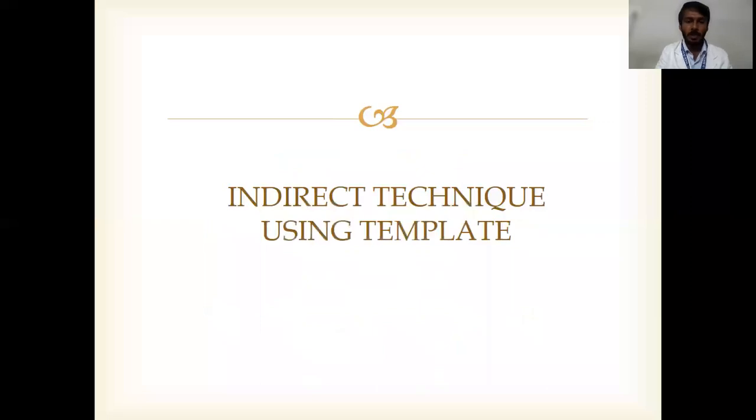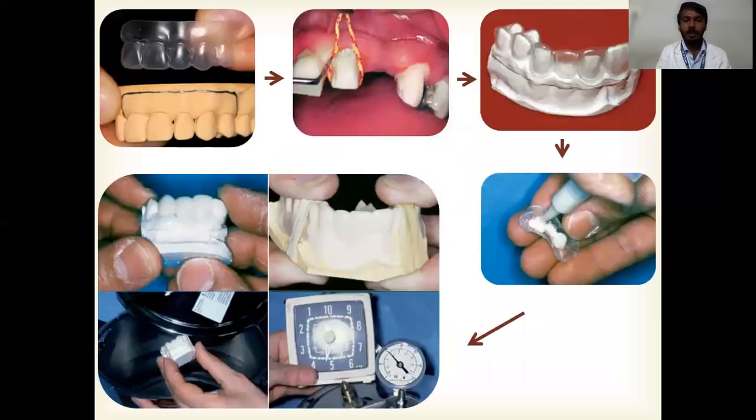Now indirect technique using a template. Here instead of going with the putty index, we are using a template. So in the diagnostic cast, we will place the artificial tooth, then adapt the thermoplastic material or the resin material over it. We will make up the template and we will keep it aside. We will do the tooth preparation. We will make the impression.